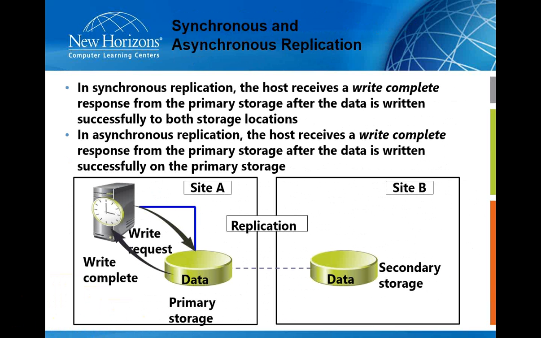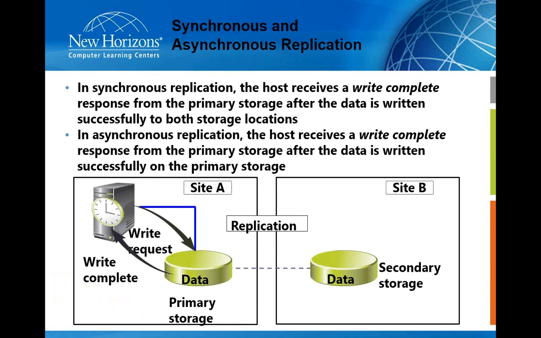Asynchronous is much faster. The host receives a write complete response from the primary storage after the data is written just to the primary storage. And then on a schedule, we have all the changes replicated to the second site. So with synchronous, we have a chance to be more up to date because the only thing slowing us down is latency, but we're continuously having communication across the media between the sites.